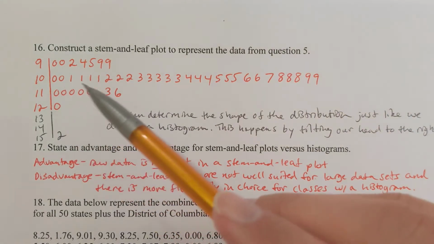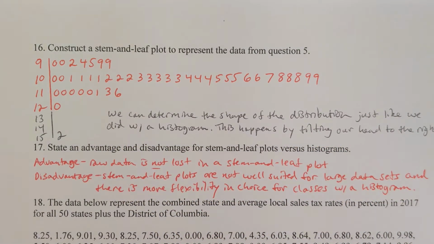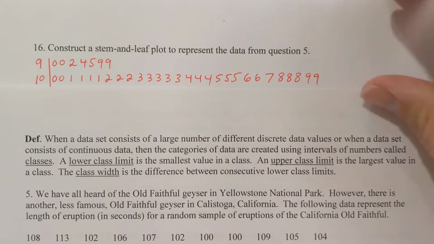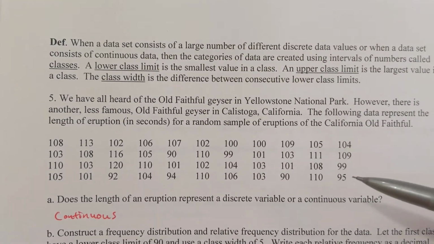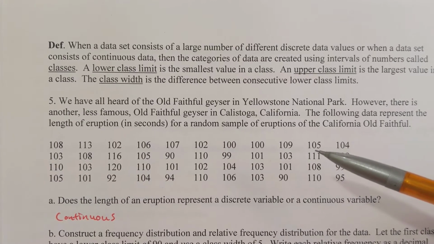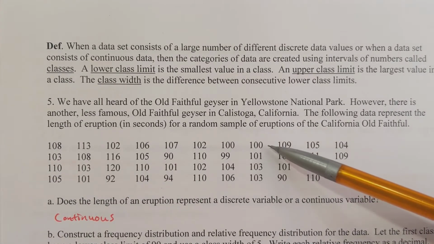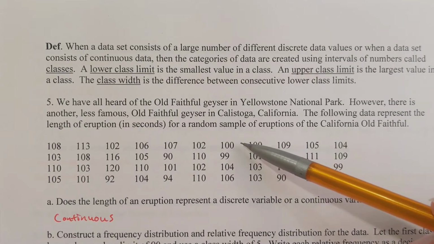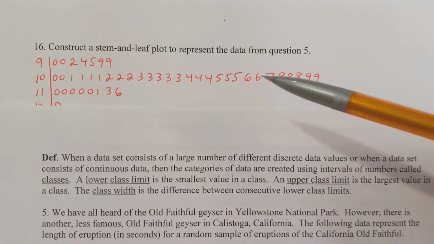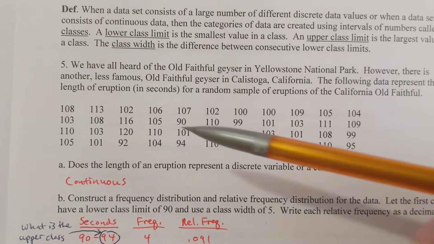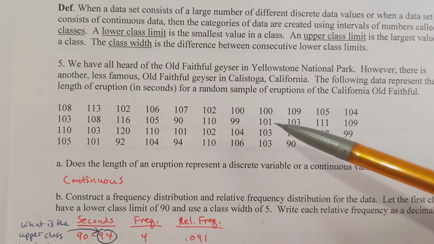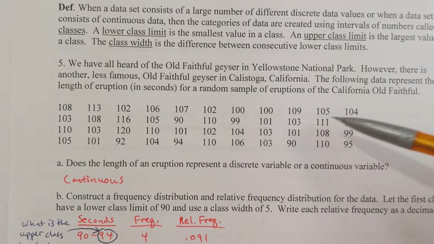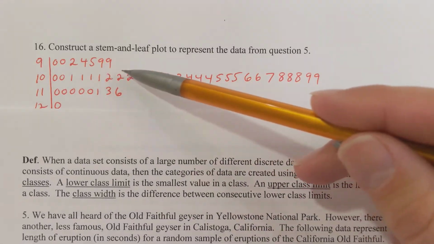Then I do the second row for the numbers in the 100 to 109 group. I have 2 100s, so 2 zeros. There should be 4 101s: 1, 2, 3, and 4, so I'm going to write 4 1s.